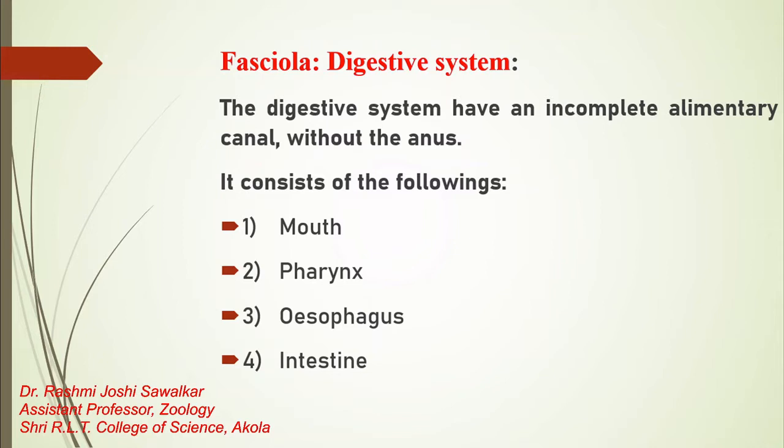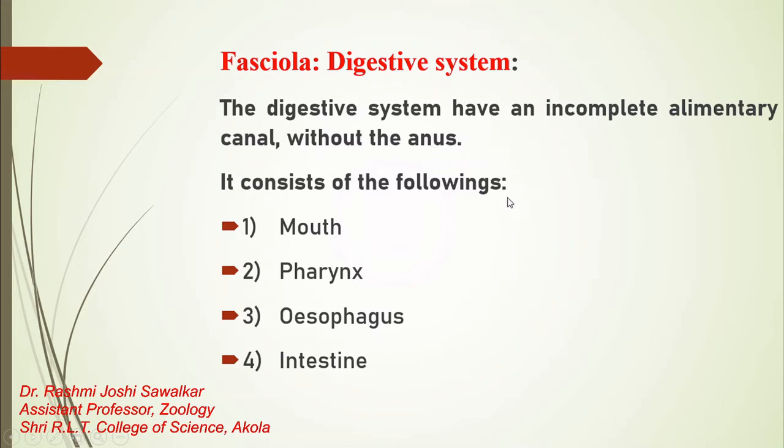As you know, protozoa, porifera, coelenterata and the helminths, that is platyhelminths and aschelminths, are primitive phyla, and after evolution in the further phyla, complete systems developed. Here it is a primitive phylum, and hence the digestive system is incomplete.